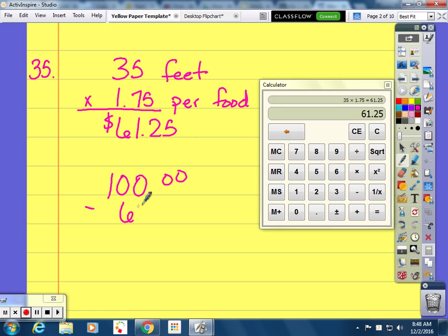You would subtract $61.25. So I'll pull up my calculator again. A $100 bill minus 61.25. The correct answer would be $38.75. So if he bought this stuff and paid with a $100 bill, he would have $38.75. If you need to pause this video so that you can get this written, please pause this video.